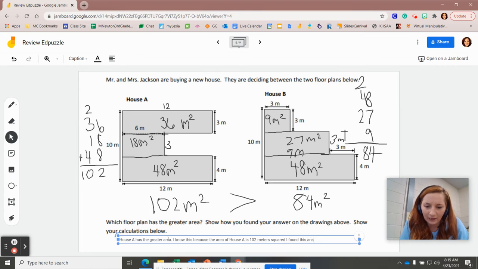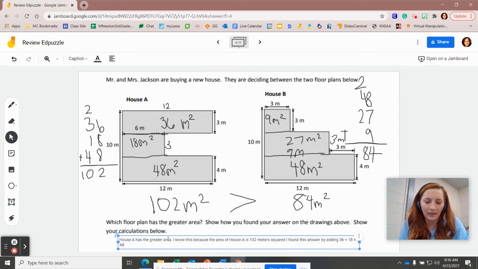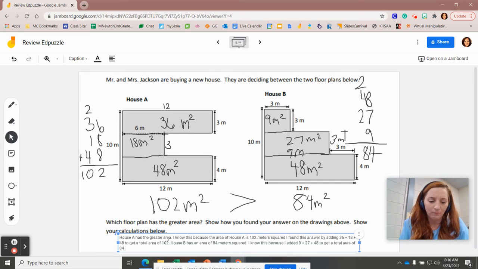I found this answer by adding 36 plus 18 plus 48 to get a total area of 102. House B has an area of 84 meters squared. I know this because I added 9 plus 27 plus 48 to get a total area of 84 meters squared.